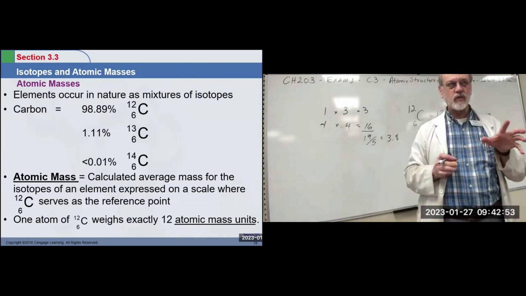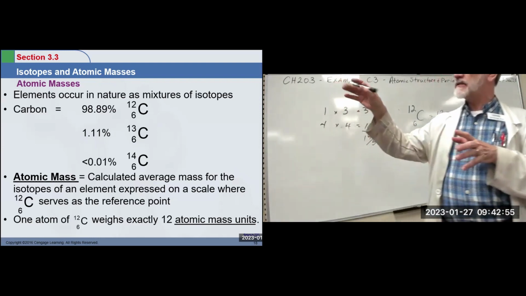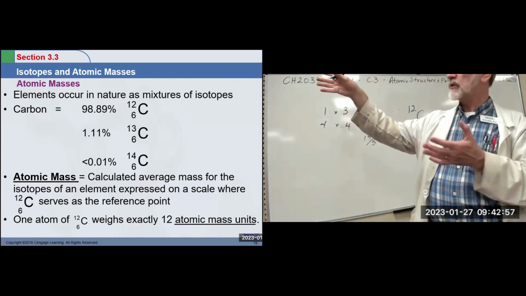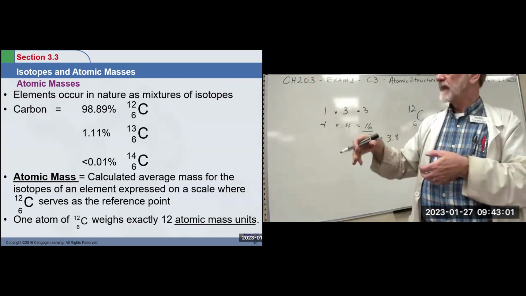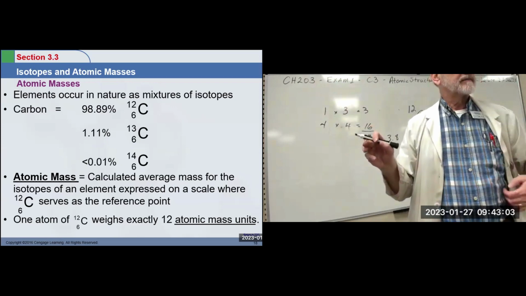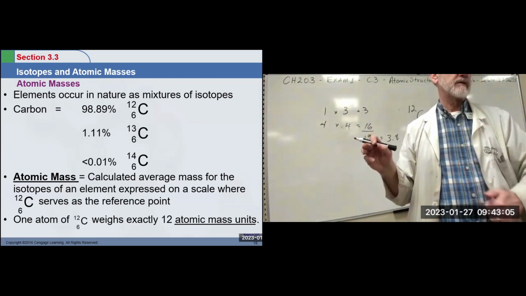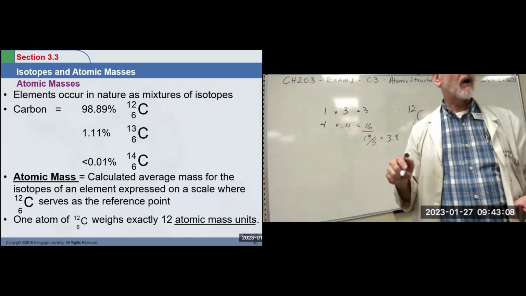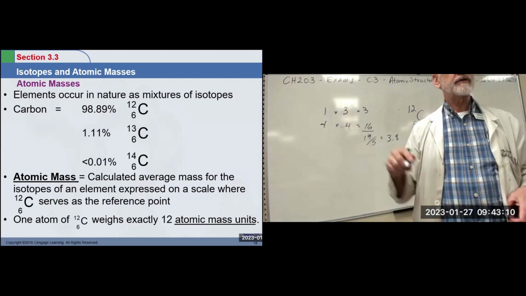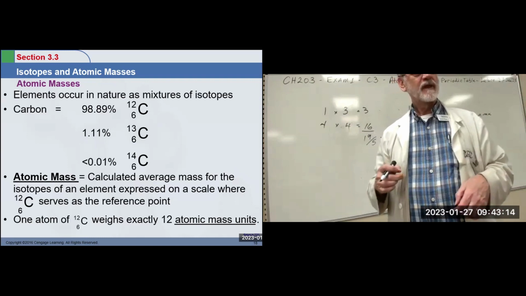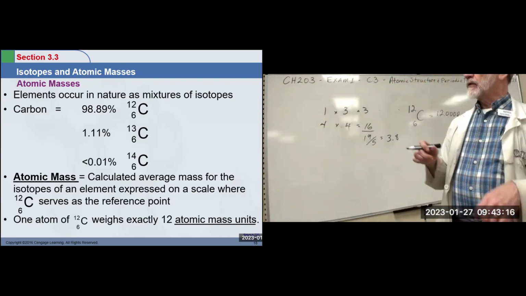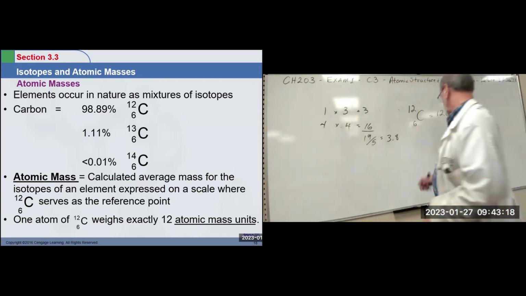But it won't be exactly 12 because we've got one that's 1% or more of carbon 13. And then carbon 14 doesn't count. Why? 2 reasons. First, it's really small, 0.01%, plus it's radioactive, so it doesn't hang around for very long. So if we do our calculations, how would we do that?